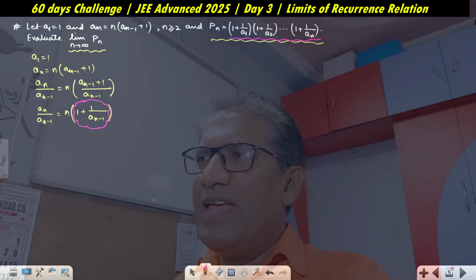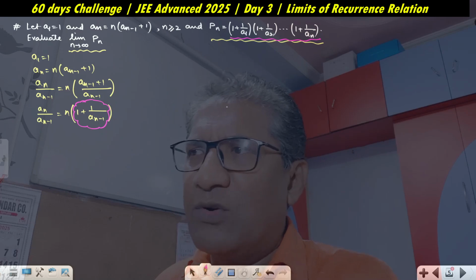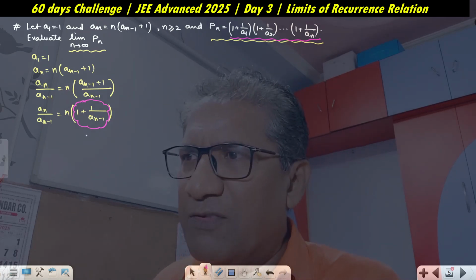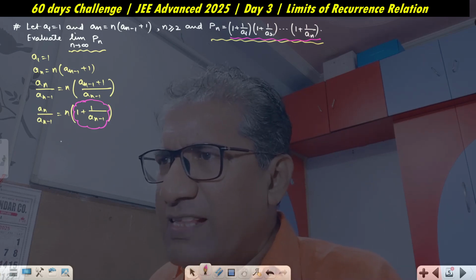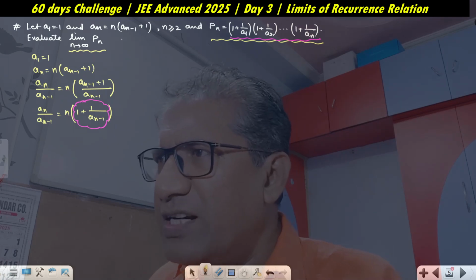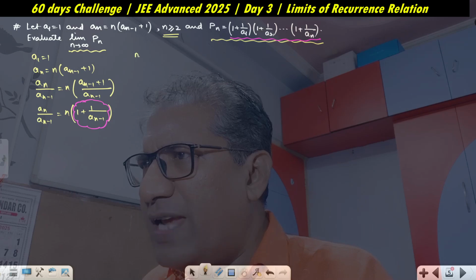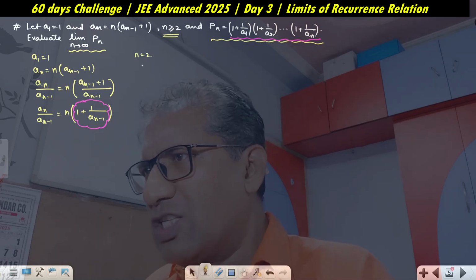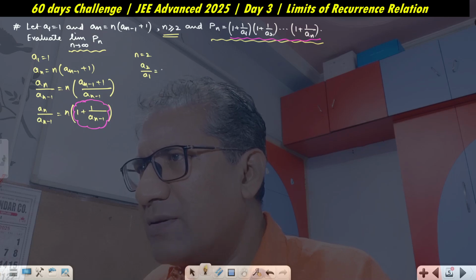Isn't it so? If I put different values of n, we are going to get the right hand side of P_n from this recurrence relation. So let me start putting the values first. This recurrence relation is valid for n greater than or equal to 2. So let me first put n equals 2. So we have a2 over a1 is 2 into 1 plus 1 over a1.